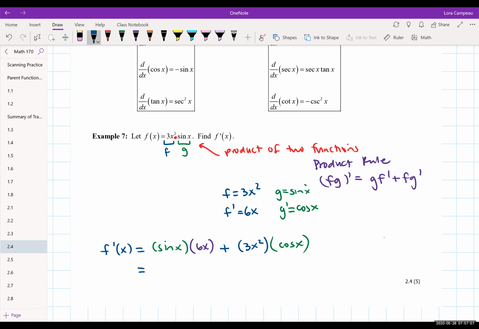So we clean this up a little bit, and by clean up I mean sometimes we don't like to see so many parentheses. A lot of times you end up writing the linear factor first, in front of your trig factor. And that's good enough.